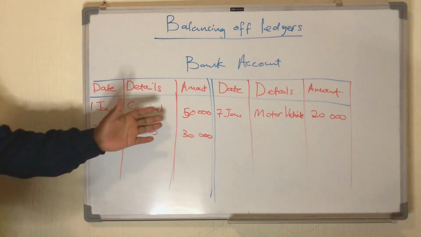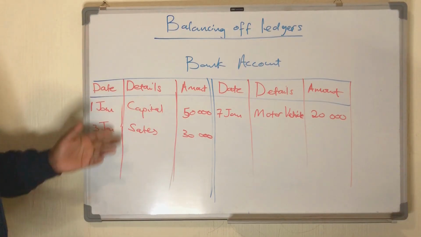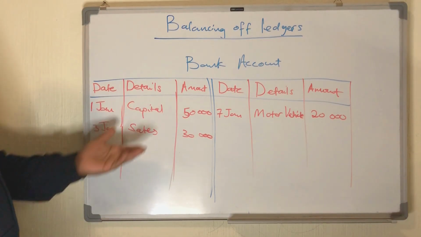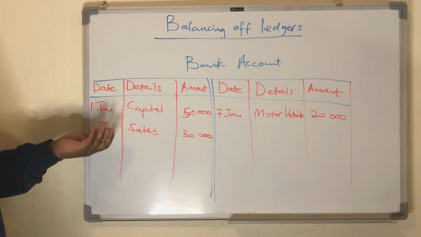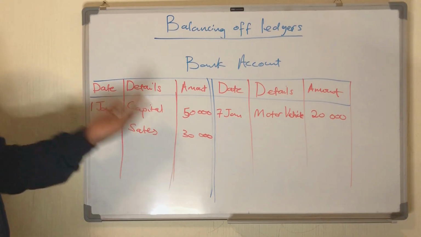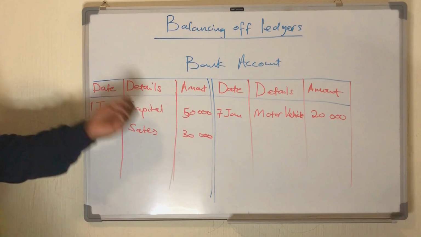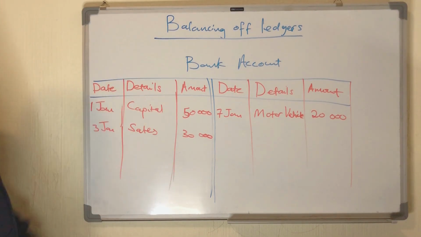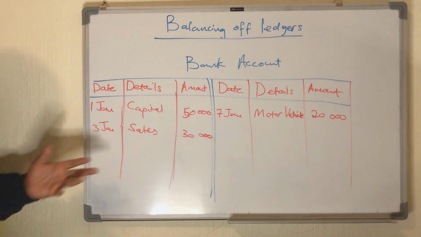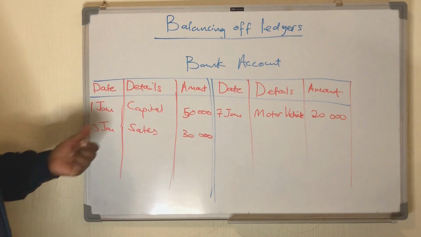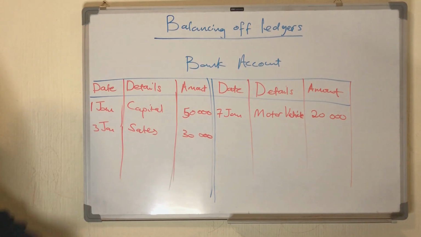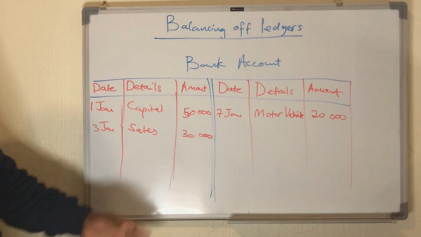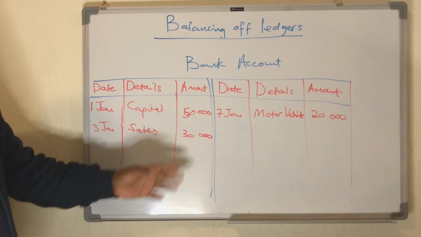So you can see we have amounts that have been recorded on the debit side of our bank account. These are simply telling us this is the money that was coming into the account. The first money came on January 1st, which was capital, probably introduced by the owner. Then we made some sales, I think through bank, and that money came into our bank account.